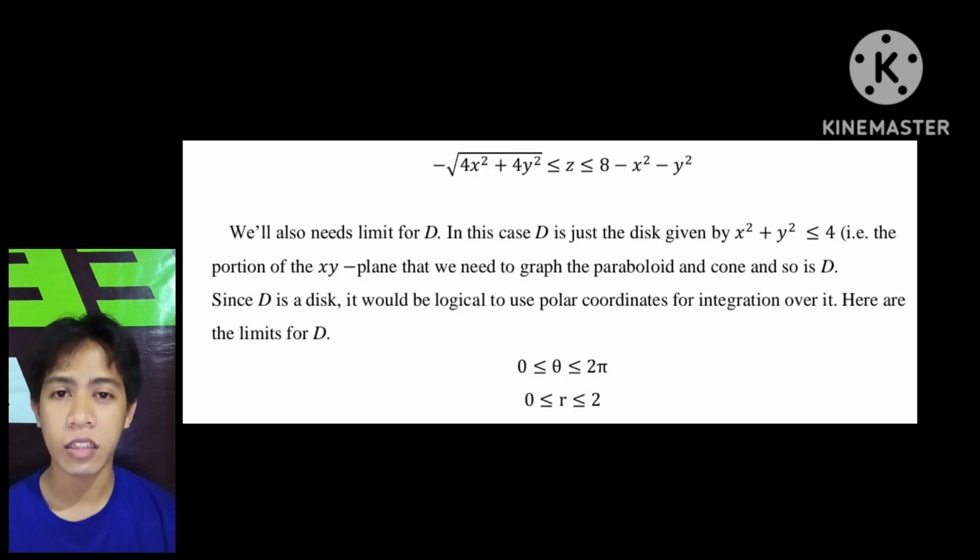Here are the limits for D: 0 ≤ θ ≤ 2π, and 0 ≤ r ≤ 2.